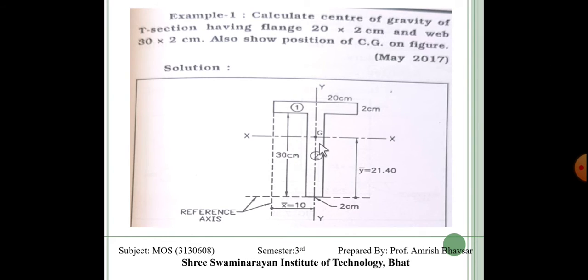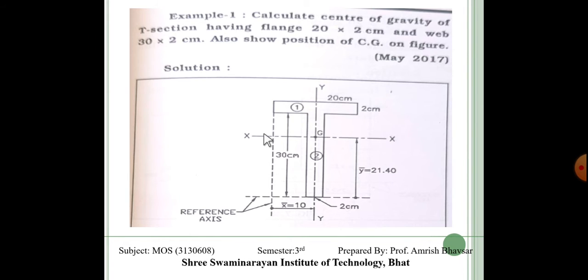So it's our T section. Calculate center of gravity of T section having a flange 20 by 2, it's 20 centimeter, it's 2 centimeter, and the web, this is our web, 30 centimeter by 2 centimeter.